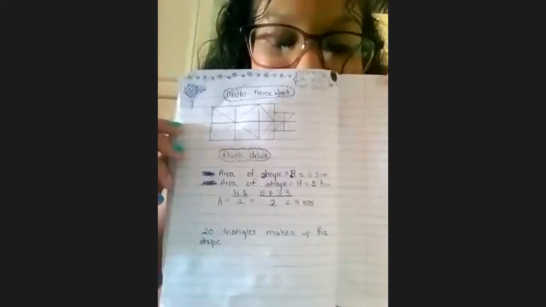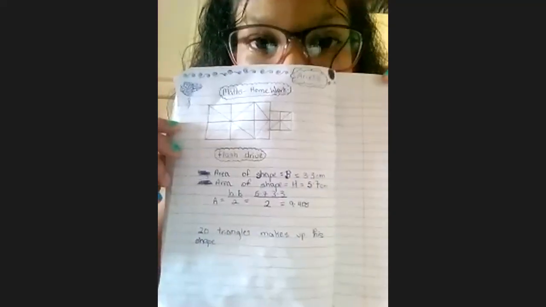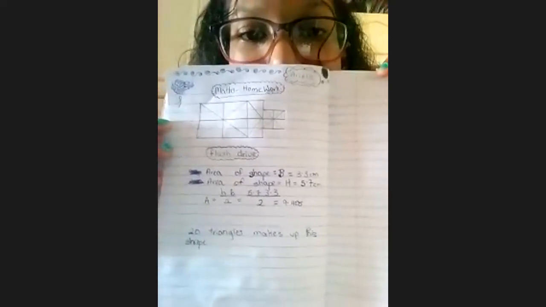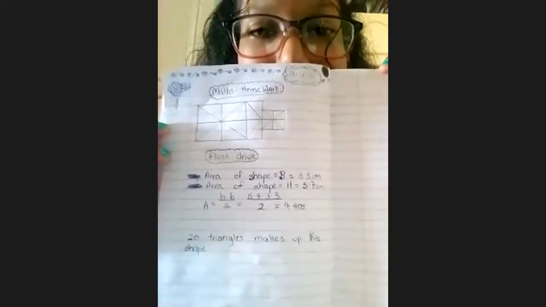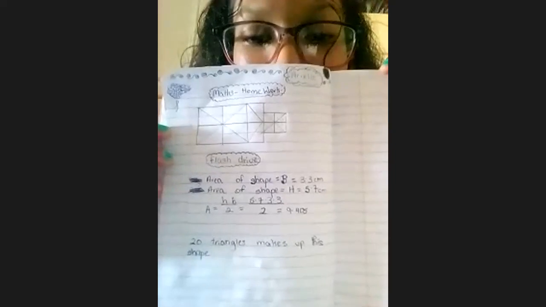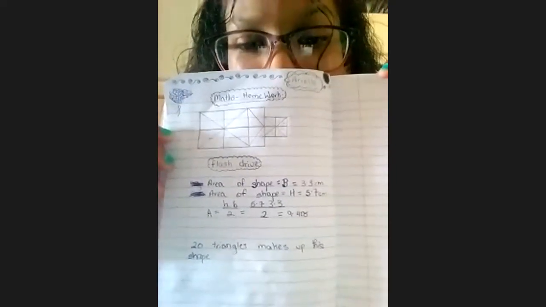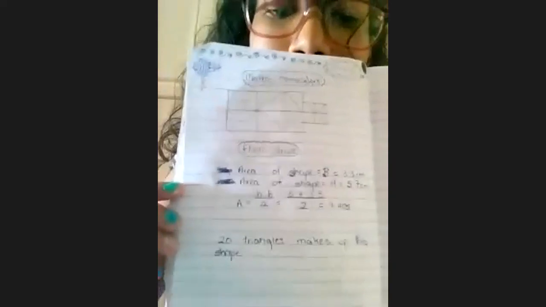So we want to find the area of the whole model, and we know that the whole model consists of 14 triangles. So we have the area of one triangle. If there are 14 triangles in the model, what can we do with this area to find the area of the whole model?